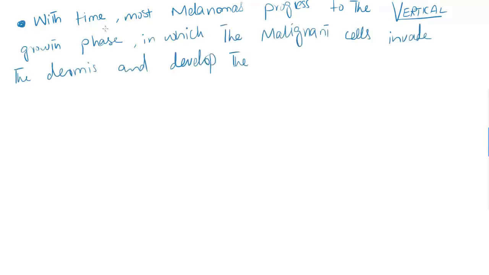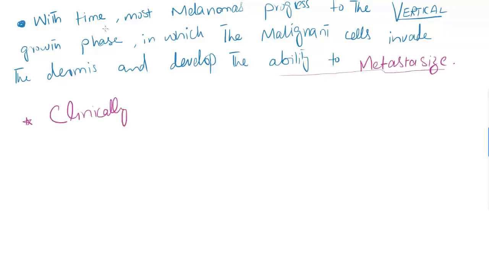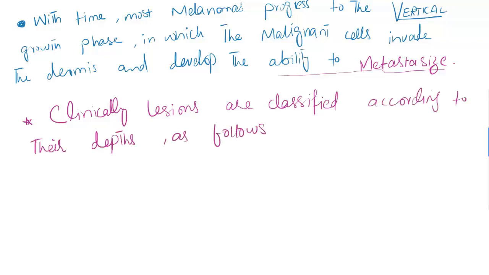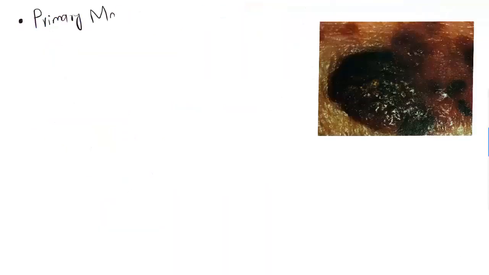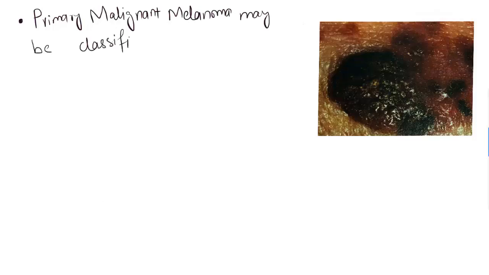Clinically, lesions are classified according to their depth as follows. Thin lesions are 1 mm or less, moderate lesions are 1 to 4 mm, and thick lesions are more than 4 mm. Primary malignant melanomas may be classified into various clinico-histologic types.